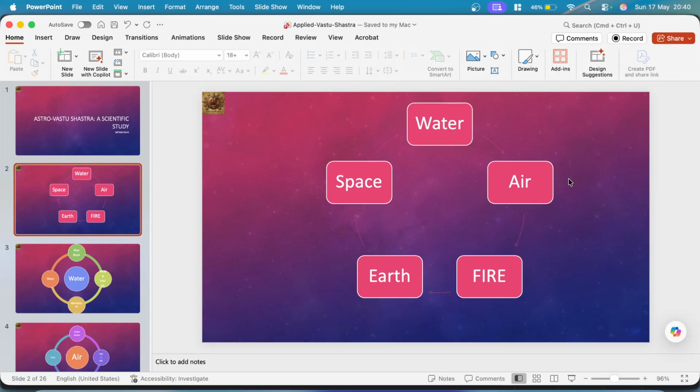Water energy actually rules the emotional part of our body. Whatever emotions we feel, without the water element we would not be able to feel a thing. Similarly, the fire element is the ignition we have. We wake up in the morning, then we start doing things.